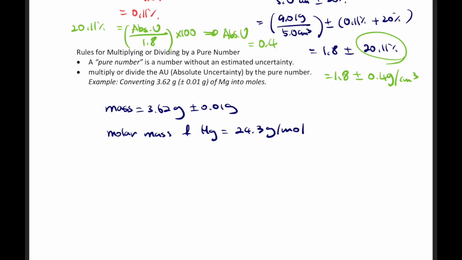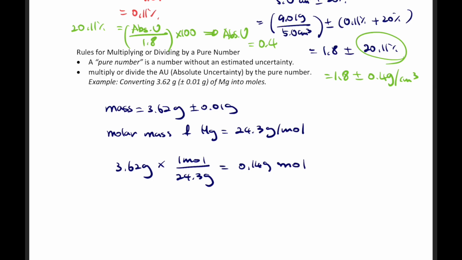So to calculate the moles, we convert the 3.62 gram using 1 mole per 24.3 gram, and it's about 0.149 mole.